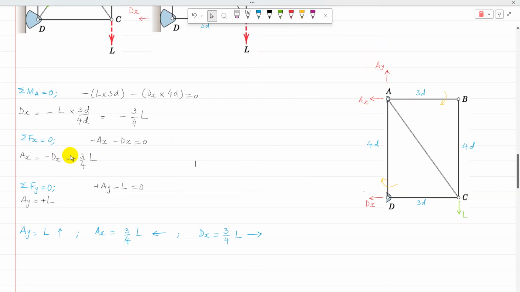AX is positive, so its assumed direction towards the left is again correct. And DX is negative, so its assumed direction needs to be reversed. Then DX is going to act towards the right. So now the reactions are calculated.